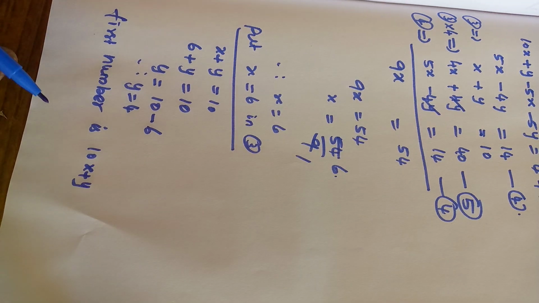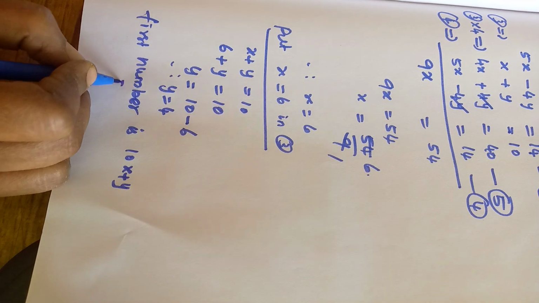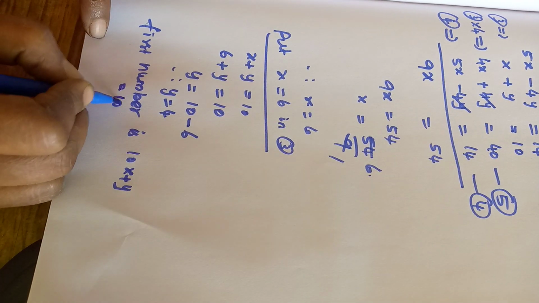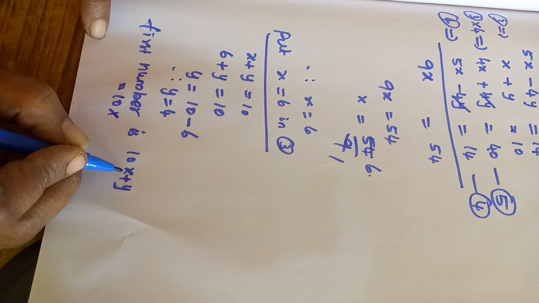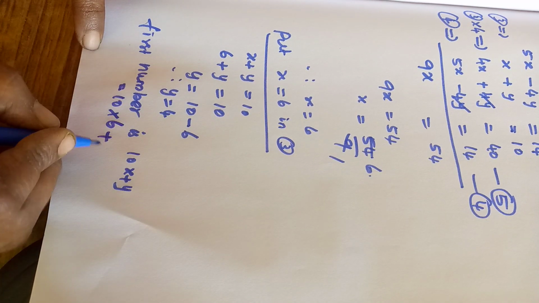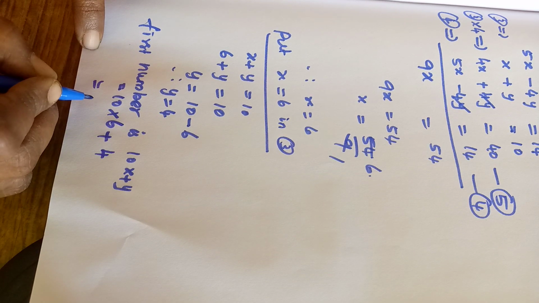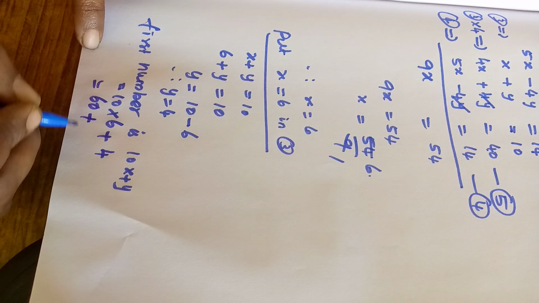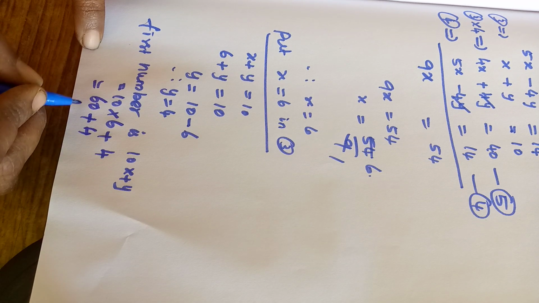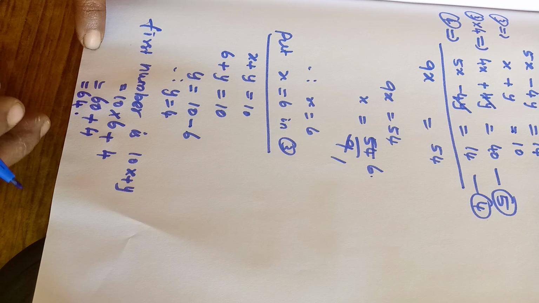So we can find the 2-digit number. That is equal to 10 into, in place of x we give 6, 10 into 6 plus, in place of y we give 4. What is 10 into 6? 60 plus 4, which is equal to 64.